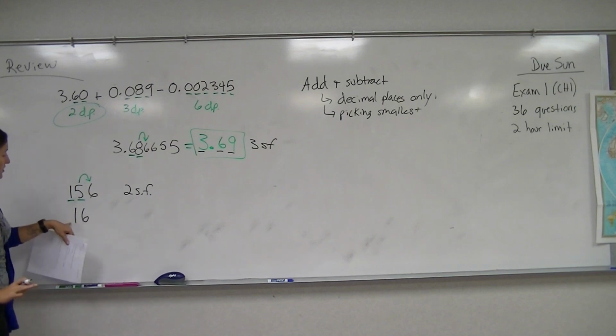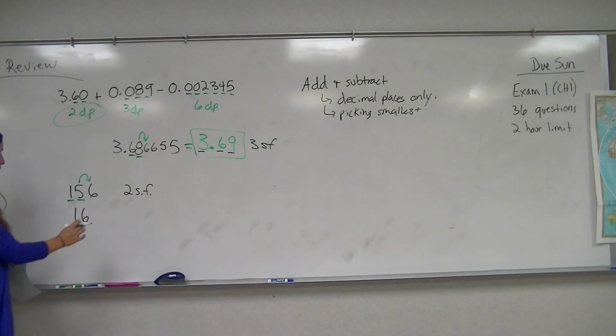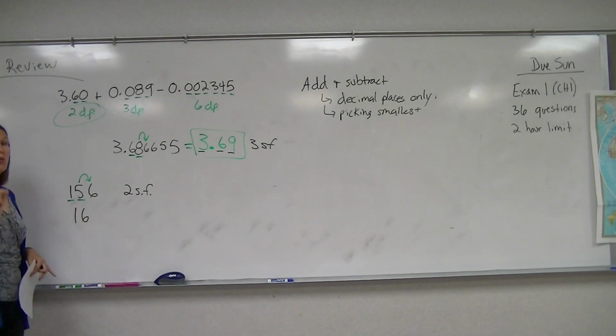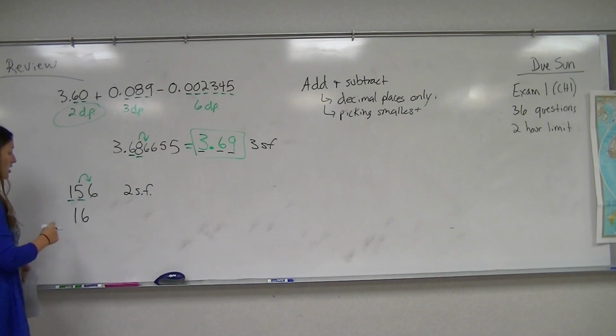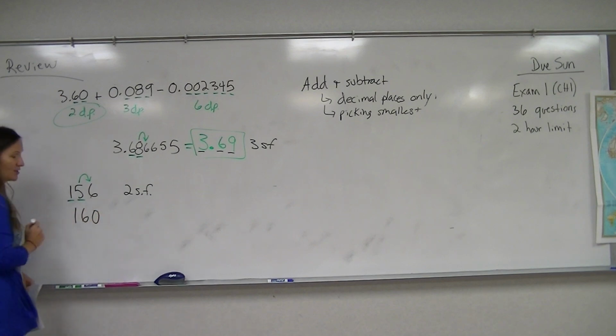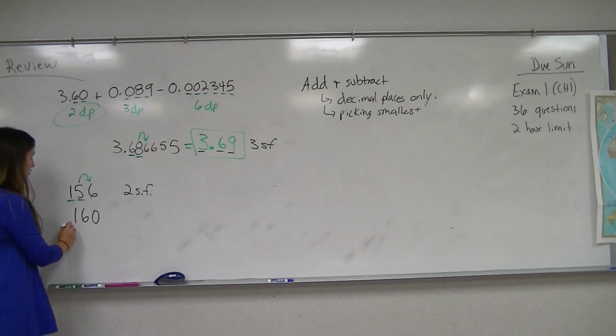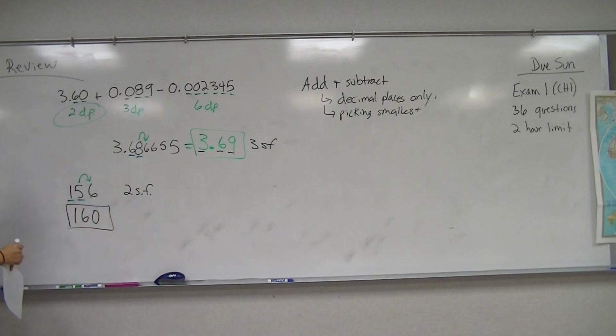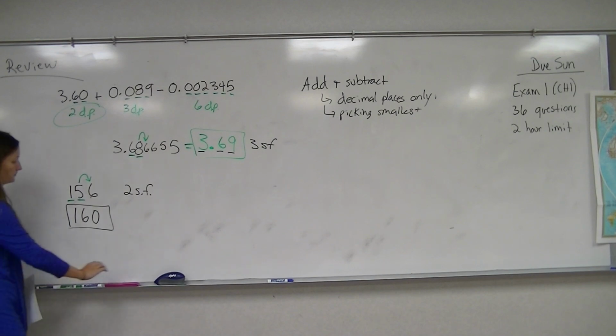In order to make it 100 and something, we need to add another digit here. And we need to add a digit that will not be significant so that we can keep it at 2 significant figures. The only number that is sometimes not a significant figure is going to be 0. So 160 would be the correct way to round that number to 2 significant figures.